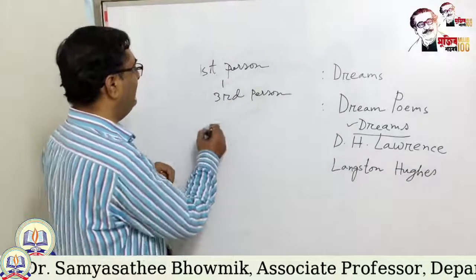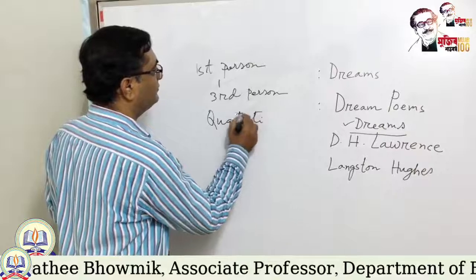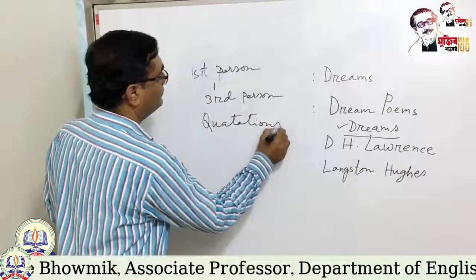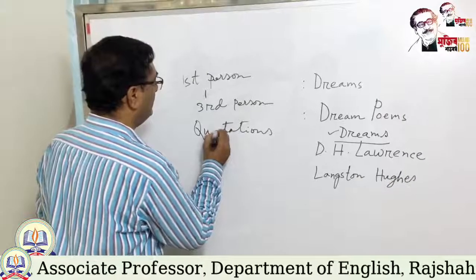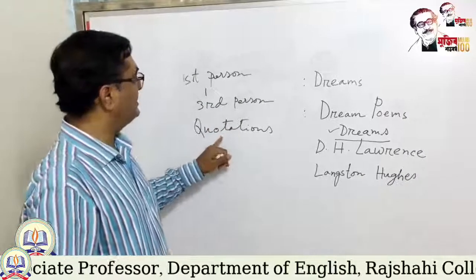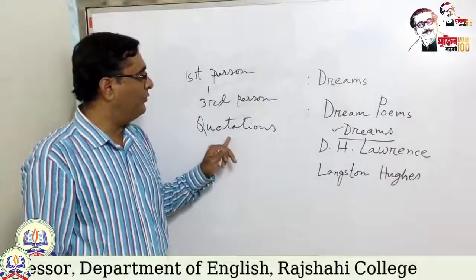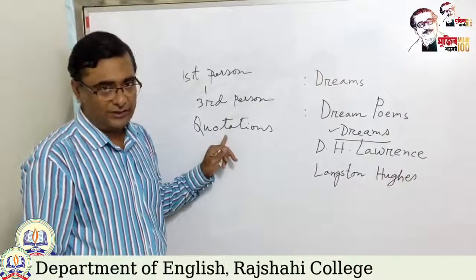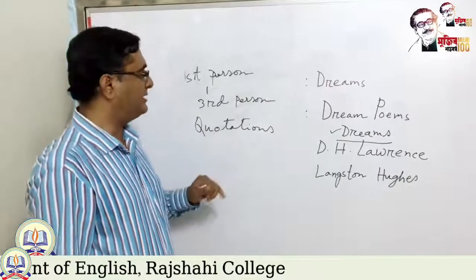And secondly, if there are quotations in the passage, don't use the quotations in the summary. You have to avoid the quotations. Don't use direct speech in your summary writing.